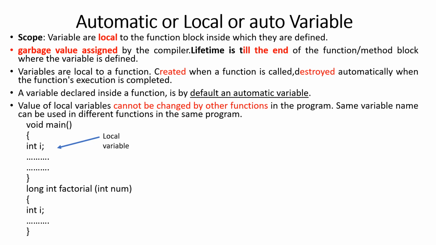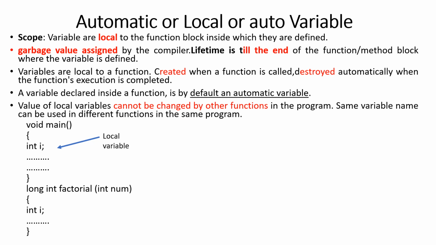Automatic or local or auto variable. The automatic or local variables are those which are declared within the function, and they are local only to the function block in which they are defined or declared. They can be used with the keyword auto, or any variable which is declared within the function is taken by default as an automatic variable.